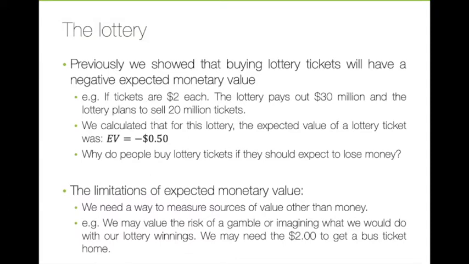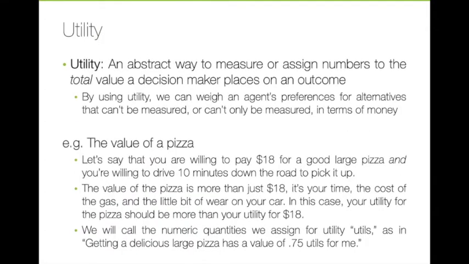On the other hand, it may be less worth it if we need the $2 to get a bus ticket home. The concept of utility will give us a way to give a numeric value to these additional things we value, like risk, or the fun of imagination, or the loss of the ability to purchase a bus ticket.